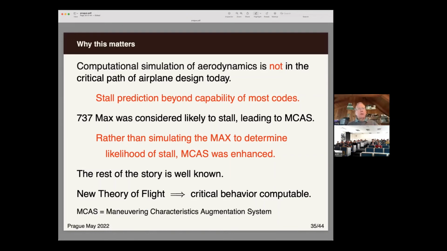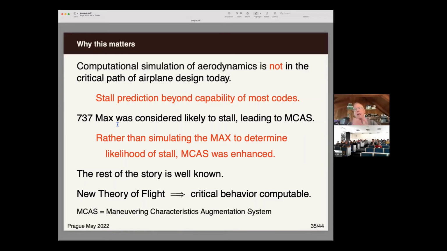And the 737 MAX, the Boeing 737 MAX, was considered likely to stall. If you don't know that story, it's easy to look up on the web. They put on new engines. The engines had to be moved forward because they were bigger, and they worried that it was going to cause it to tip up. And so they built a system called MCAS.